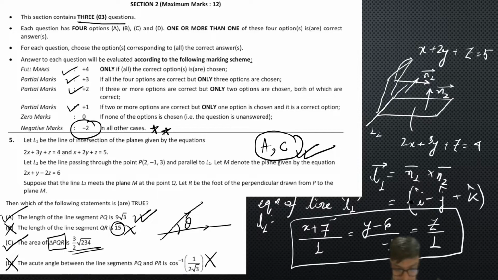So anyone who has given the JEE Advanced paper, did you also get the answer as option A and option C? Please let me know. Okay, so the correct answer to this particular problem is going to be option A and option C. In case you have done this question correctly, please do let me know as well.